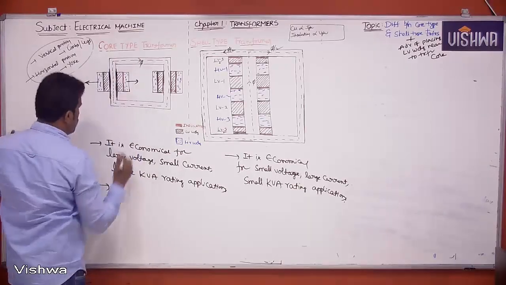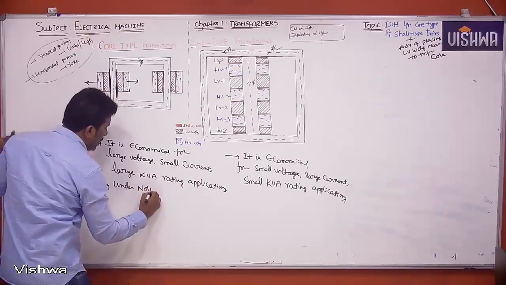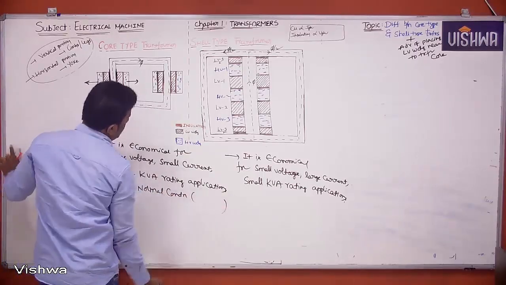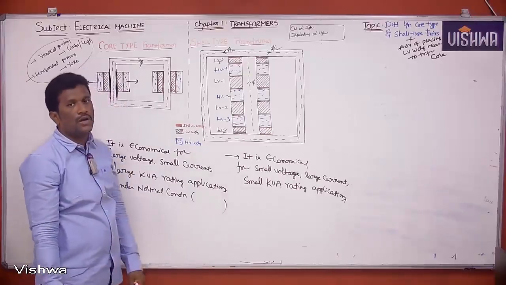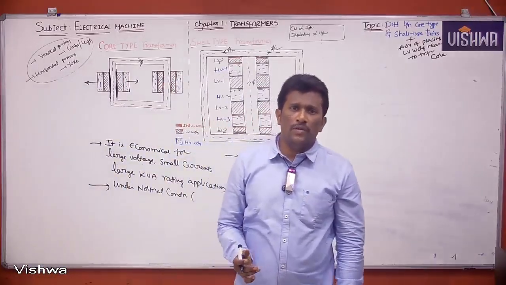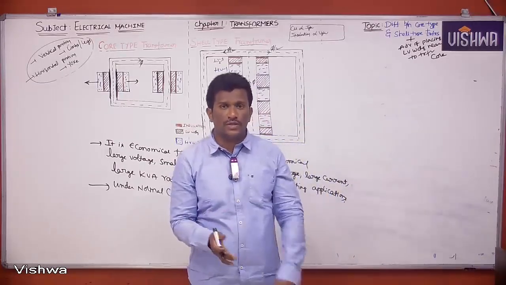So here I can write one point. In core type transformer, under normal condition, I am saying from the forces point of view. I told you already, guys, forces will always be from strong flux to weak flux.